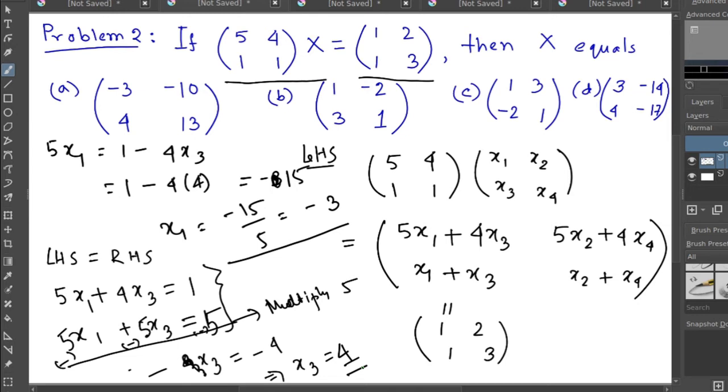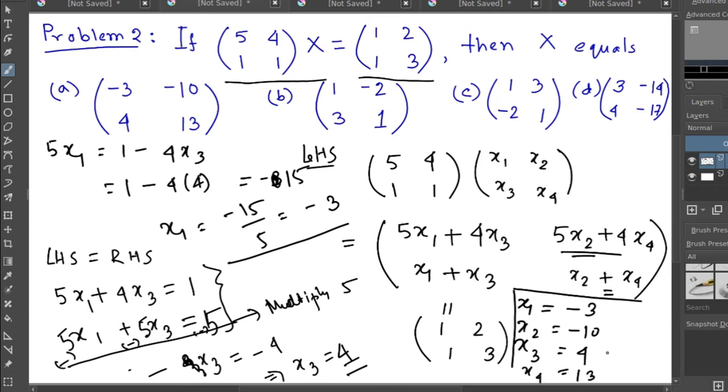If you calculate the other quantities, then we already got x1 equals -3 and x3 equals 4, and if you solve these two equations, you would be getting x2 equals -10 and x4 equals 13. Just check that.